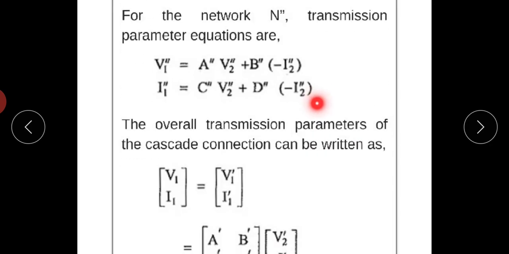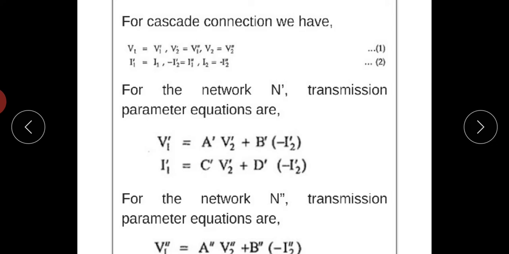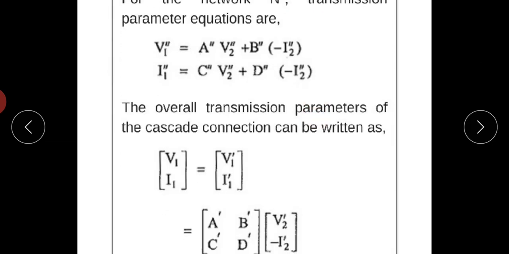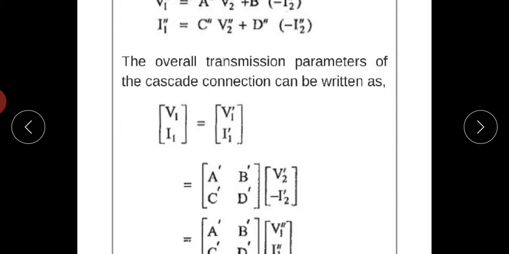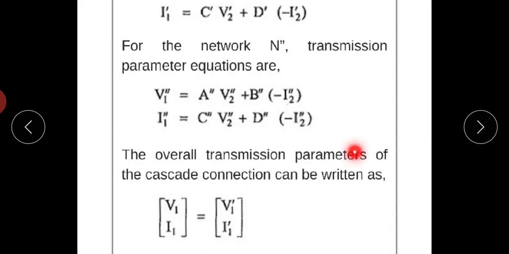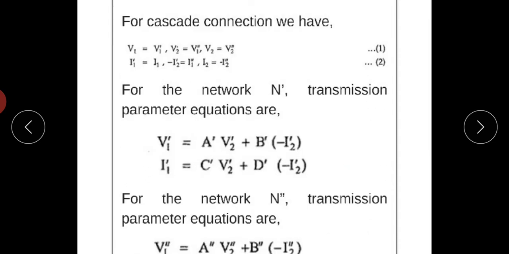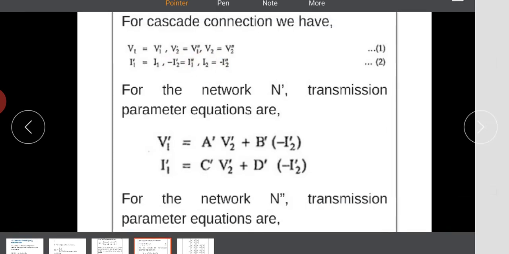We know that V1 equals V1 dash and I1 equals I1 dash. So the matrix of V1 and I1 equals the matrix A dash, B dash, C dash, D dash times the matrix of V2 dash and minus I2 dash. Here, in place of V2 dash and minus I2 dash, we can write V1 double dash and I1 double dash.